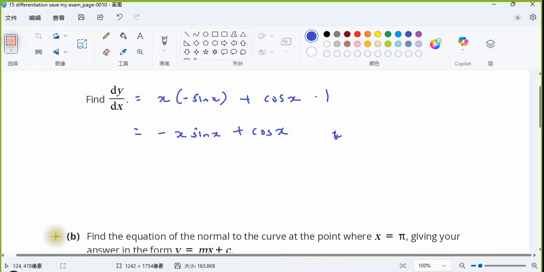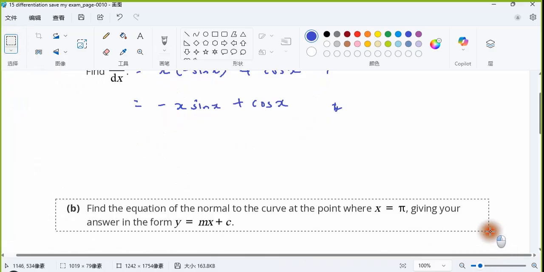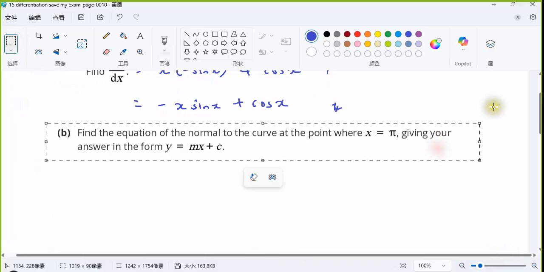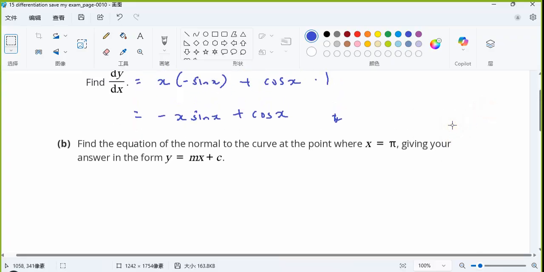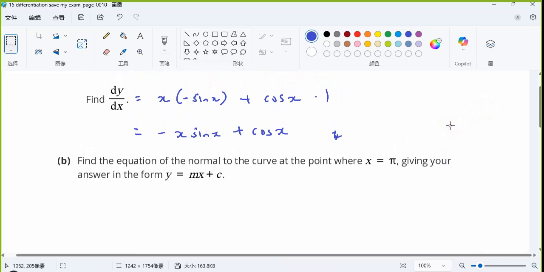Next, find the equation of the normal to the curve. The gradient of tangent is dy/dx. So the gradient of normal is negative 1 over the gradient of tangent.